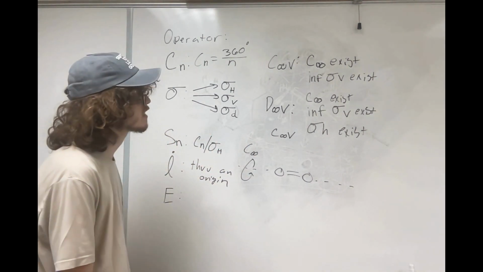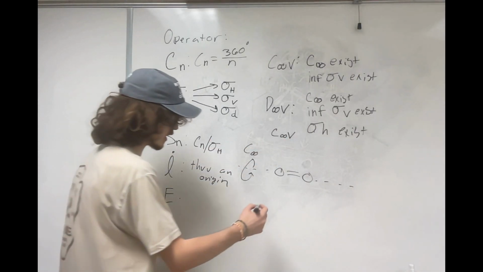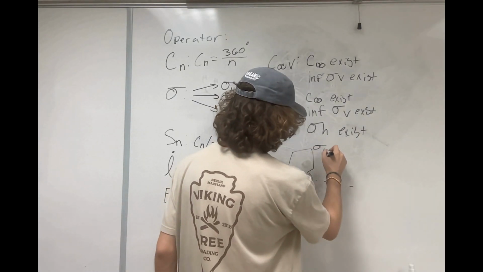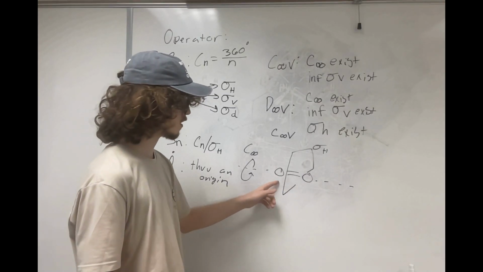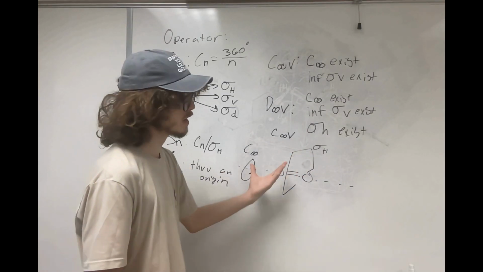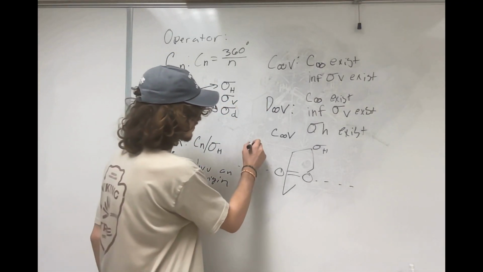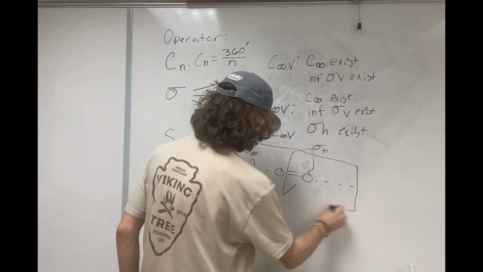So C infinity exists. Does sigma h exist? Yes, it does. Sigma h does exist because if I flip oxygen, I mirror it, I get the same thing back. And notice, just like we said with this one, we have infinite amounts of sigma v symmetry.